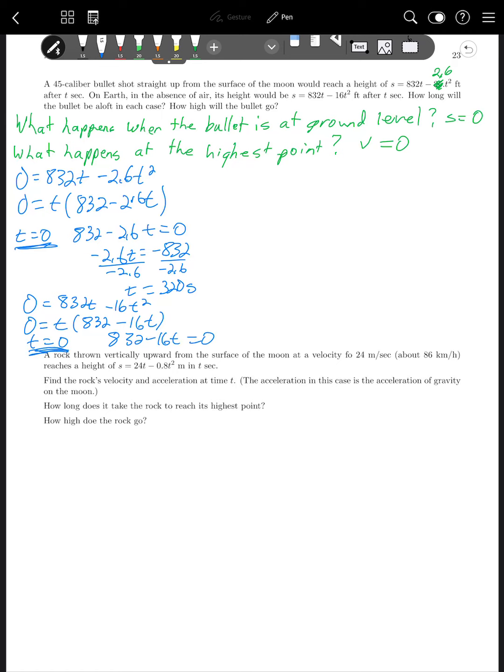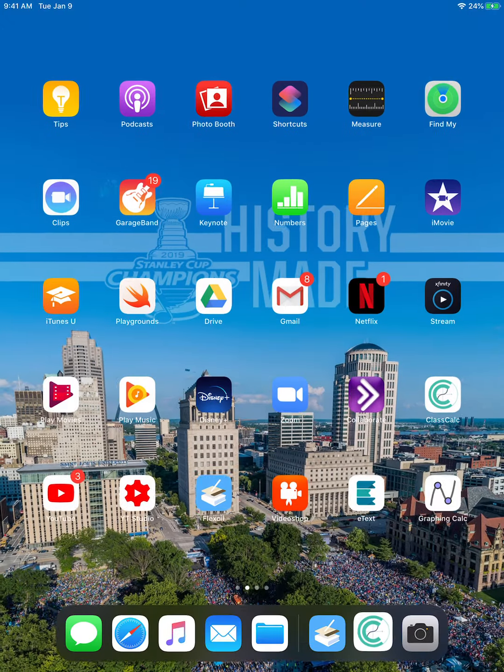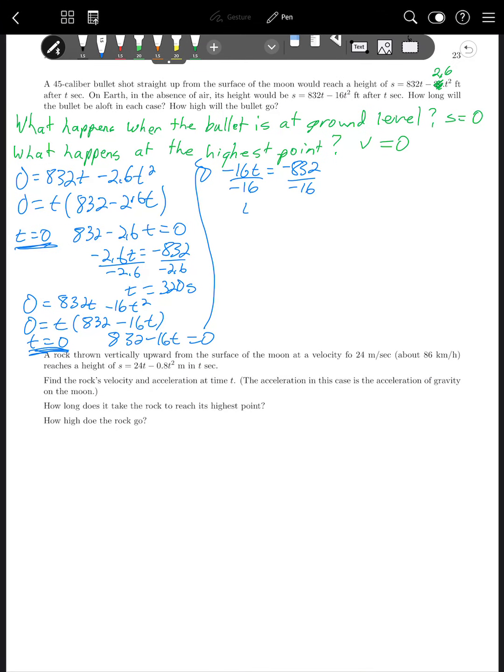Once again, this t equals 0 is just the beginning of the problem, when it leaves the gun. Then over here, we subtract 832 from both sides and divide by negative 16. 832 divided by 16 is 52. So on Earth, the bullet would only take 52 seconds to come back to the ground.